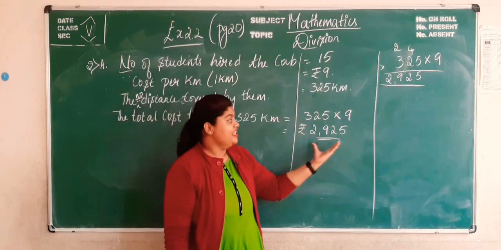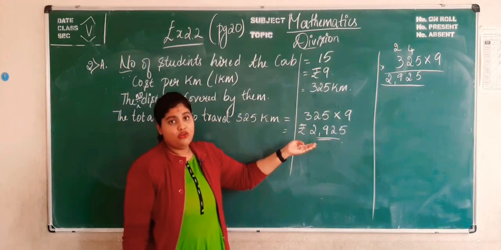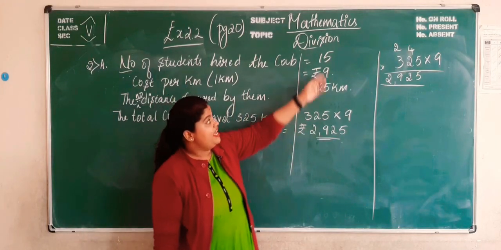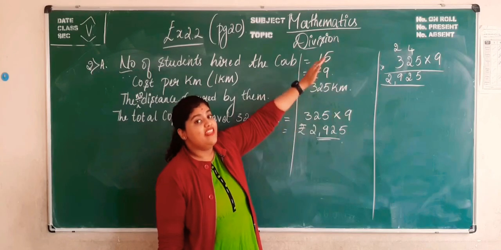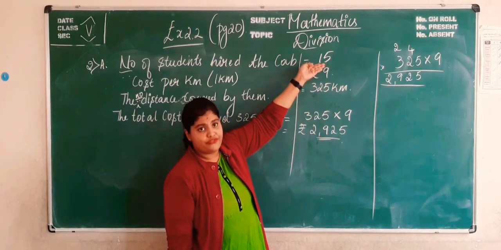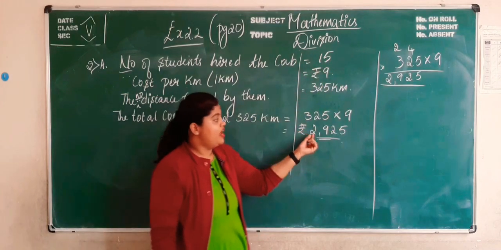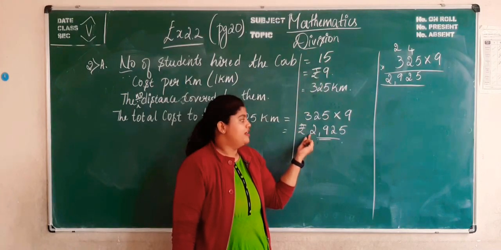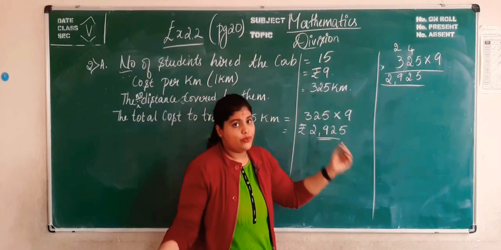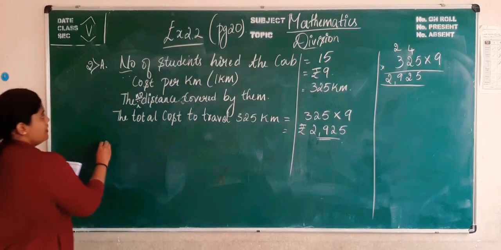Right, by dividing the total amount for the travel by 15, because there are 15 students. This amount is shared by 15 students. So what I do, I divide this 2925 by 15.